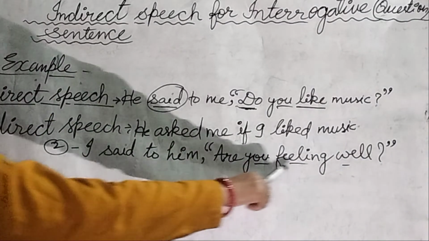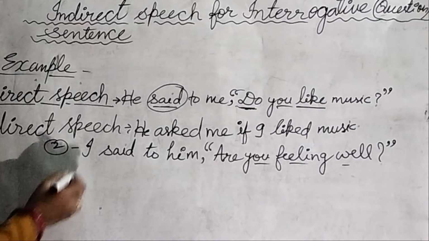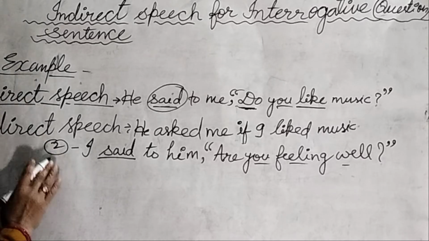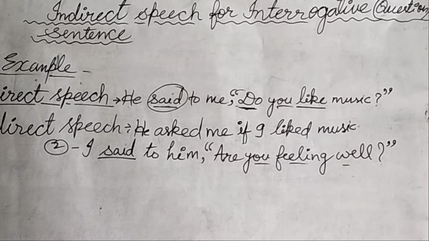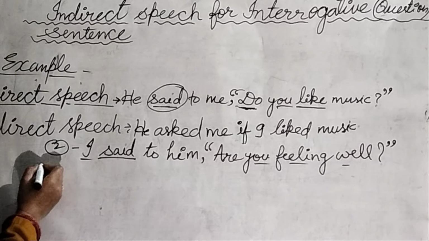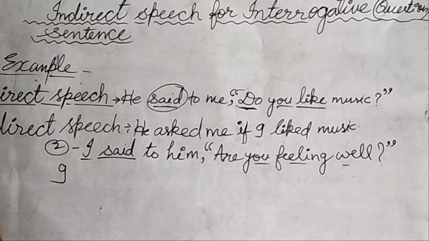Reported speech का tense आप पहचान लिए हो. And I have already told about to said. Said के बारे में मैंने पहले भी आपको बता दिया है. अब आप उसको learn कर लो अच्छे से. Say change into ask. Says change into asks. And said change into asked. Okay. Now change into indirect speech.